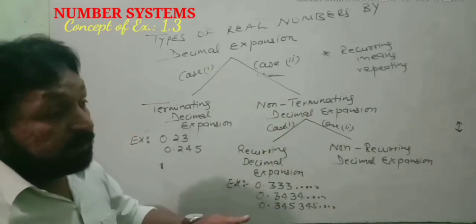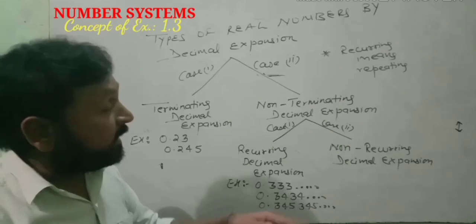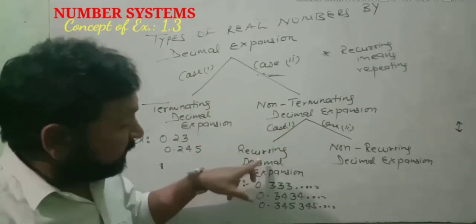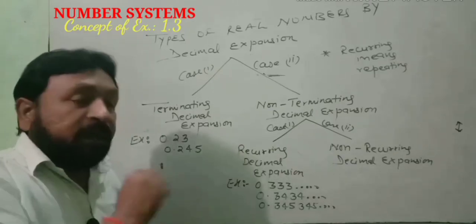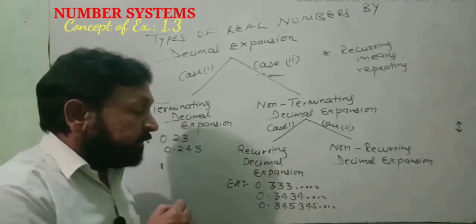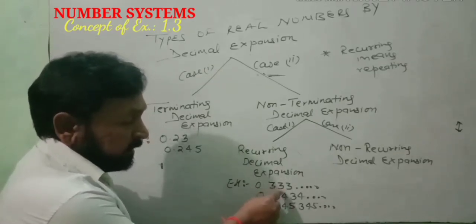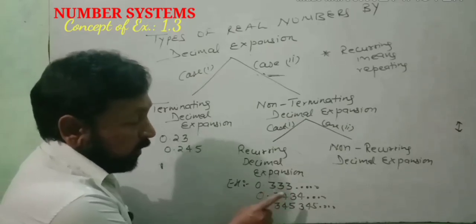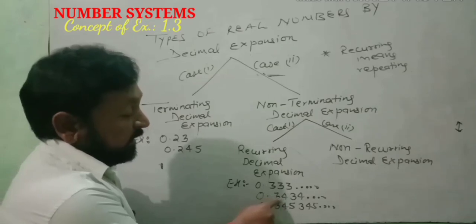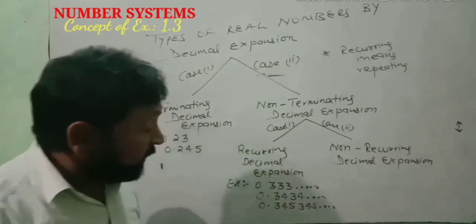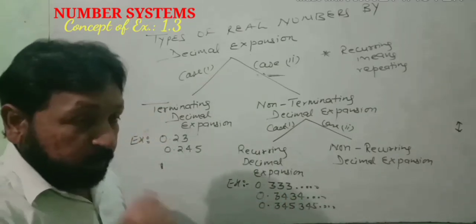And I said this repetition, this recurring, will happen either with a single digit or with a group of digits. See here, 0.333. In this case, only digit 3 is repeating itself. In this case, 3, 4, 3, 4, it means it is repeating in a group.